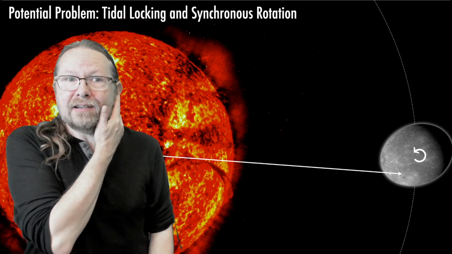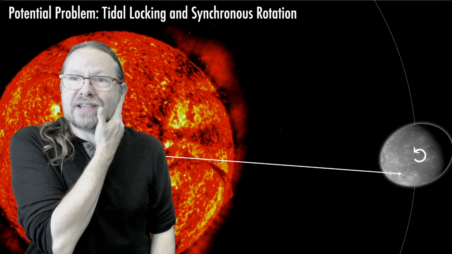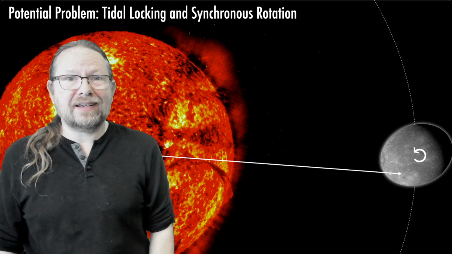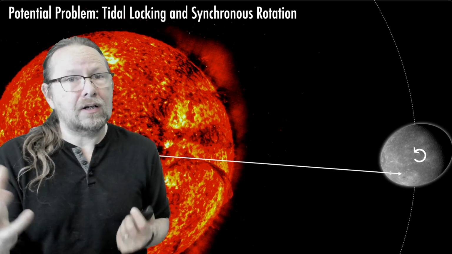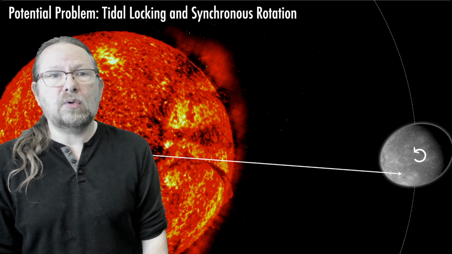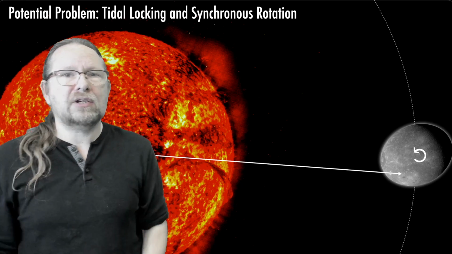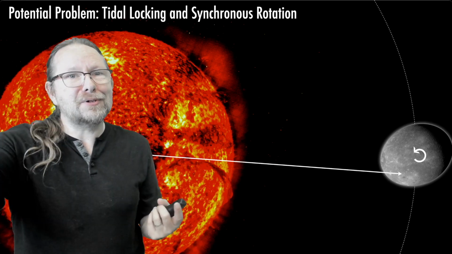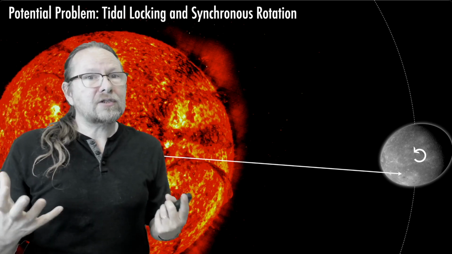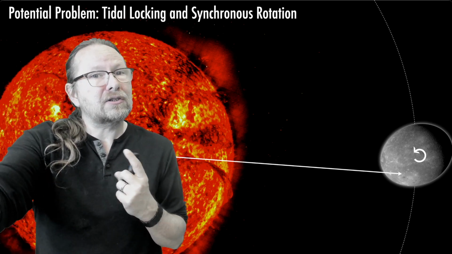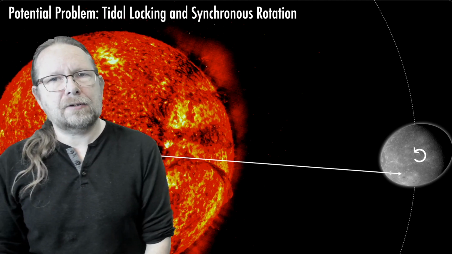A day now is 24 hours. A day 3 billion years ago would have been more like 19 or 20 hours, because the tidal interaction between the Earth and the moon is slowing down both of their rotations. The Earth is bigger and heavier and the moon is smaller, so we're having a bigger effect on the moon than the moon is having on us, but both objects are being slowed by this tidal interaction.